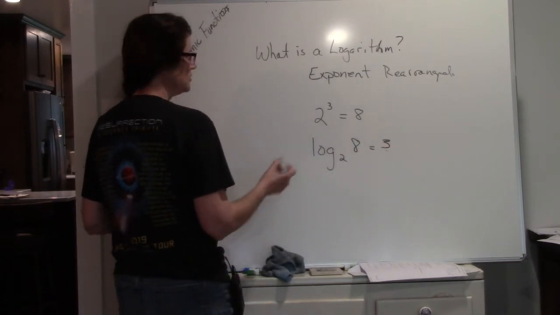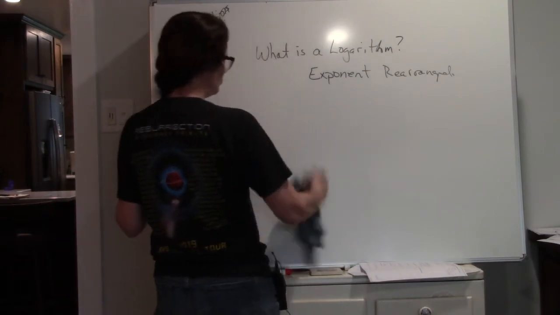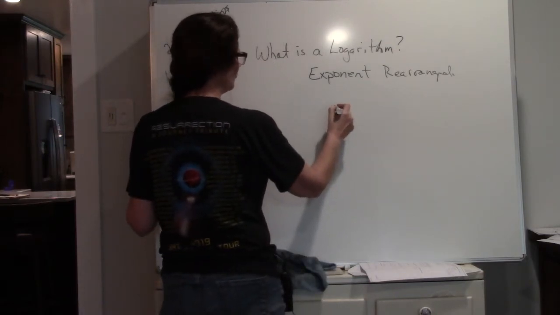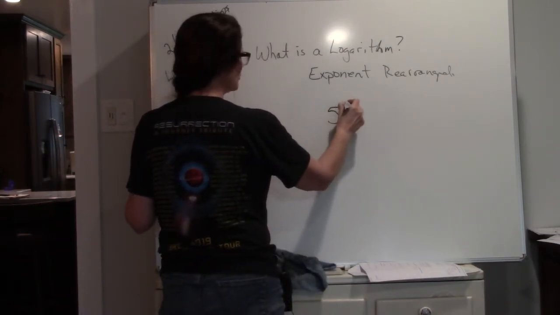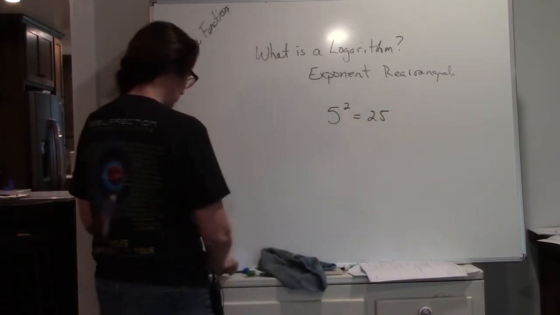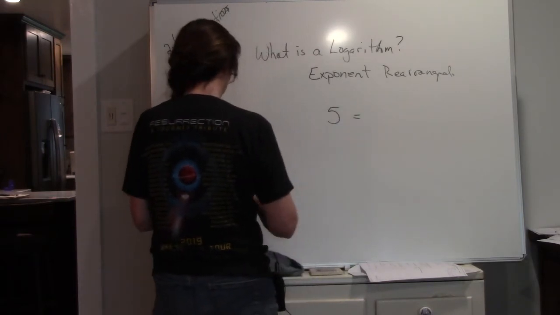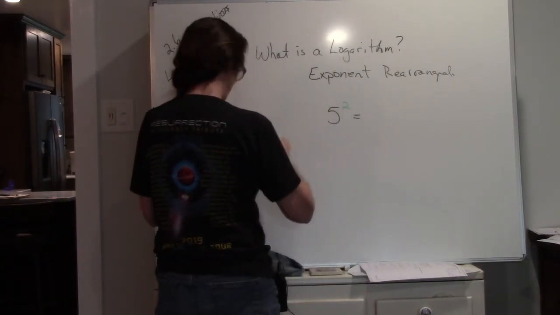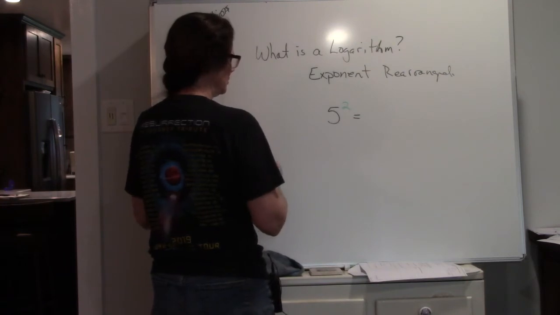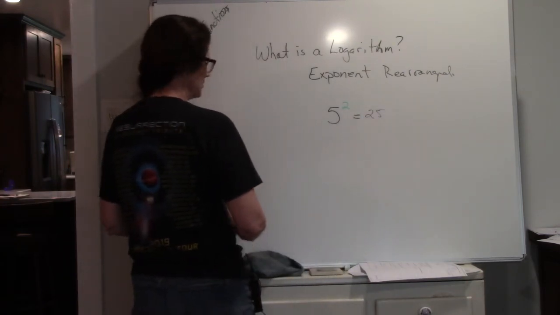So let me do this in color code so you can see where all the values are set up. If I have 5 to the second power equals 25, that's exponent form. So I'm going to change colors on this. 5 raised to the second power equals 25. So watch how I write this.